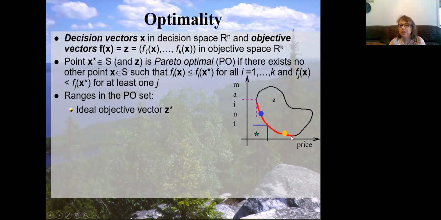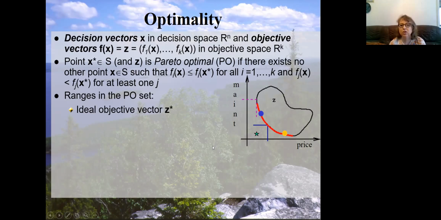So this is the best for maintenance, this is the best for price, and here is the ideal objective vector that tells us the best possible values, so that whoever is dealing with this problem knows that there is no point in trying to get better values for these. But they cannot be obtained simultaneously because this point is not feasible. So we cannot use this ideal objective vector as a solution, but it is supporting information.